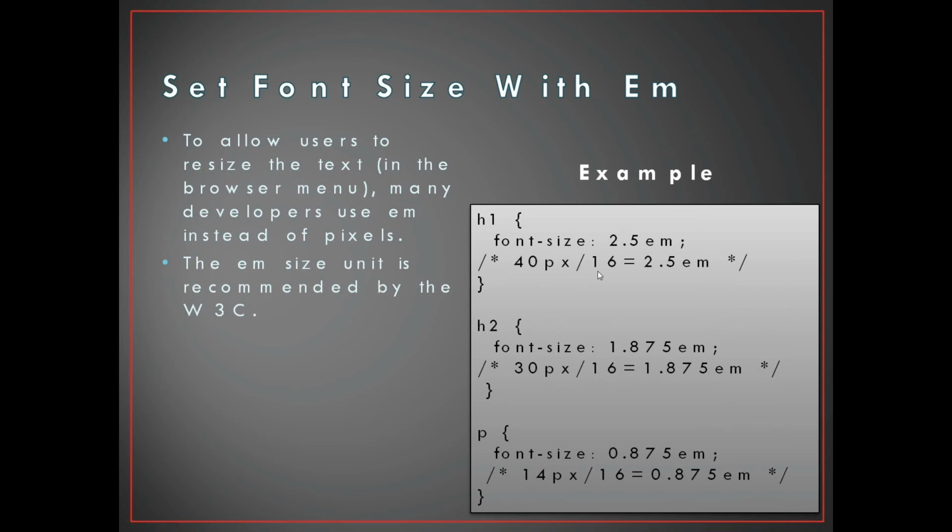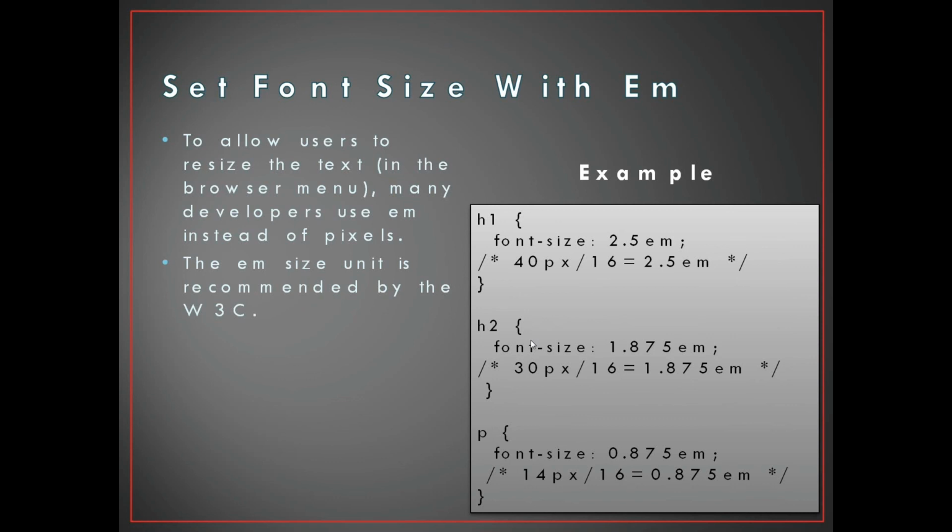That is our em, since 16 pixel is equal to 1 em. So you can calculate like this, and this example shows you the text size in em, the same as the previous example in pixel.